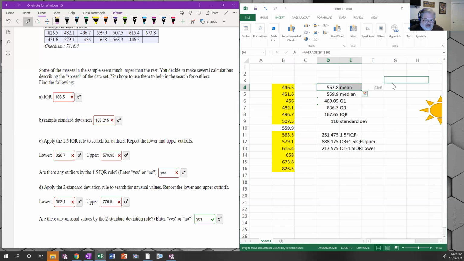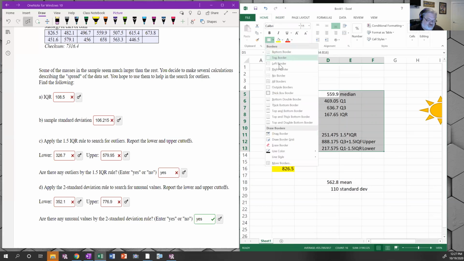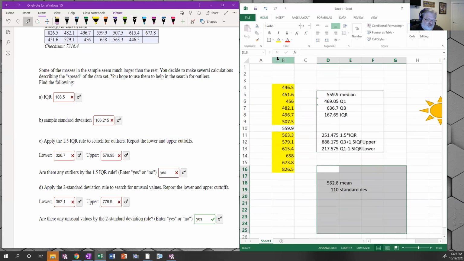I emotionally want to say the mean and standard deviation go together and the median, quartile, IQR stuff goes together, and I don't like them mixing this much. That might sound prejudicial of me, but it's good to separate them logically. These are 2 different sets of tools.